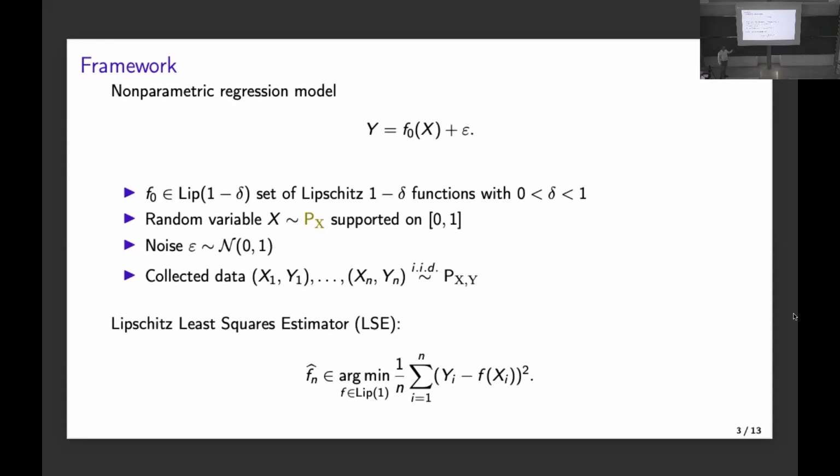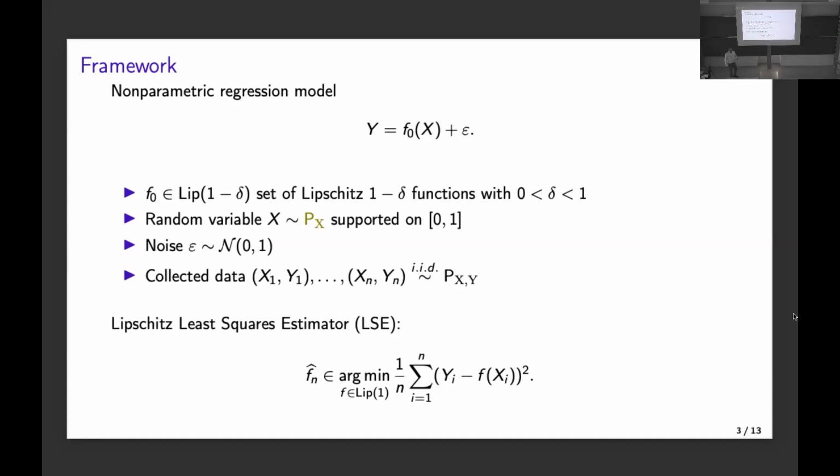We give ourselves a set of functions, here the Lipschitz functions with a constant bounded by 1, and we pick among this set the function that minimizes this criterion, the least squares estimator.